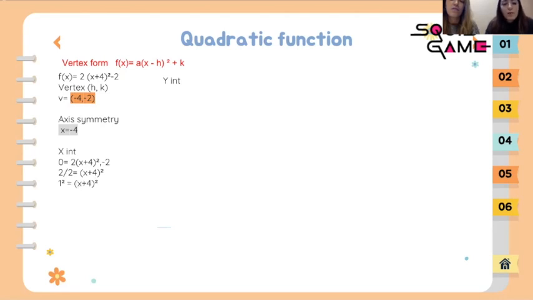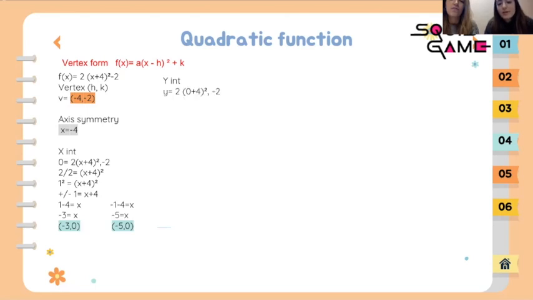We got 1 that we square equals x plus 4 that we also square. So we have plus or minus 1 equals x plus 4. And we solve it, and we have two values of x, minus 3 and minus 5.